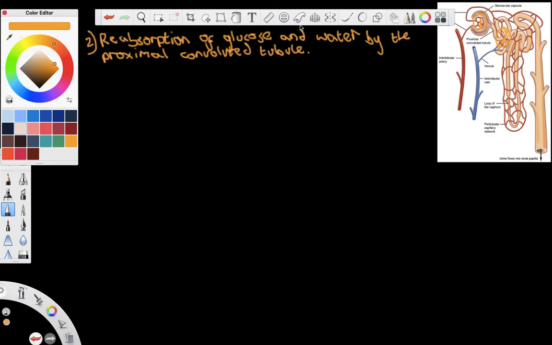Now, 85% of the glomerular filtrate is reabsorbed back into the blood. So that's a really important figure. We can say that 85% of the glomerular filtrate is reabsorbed back into the blood.